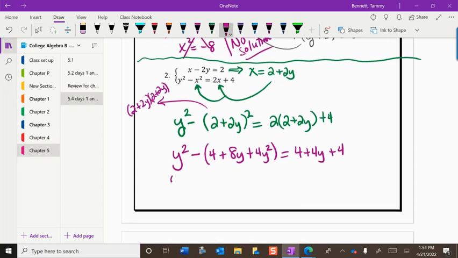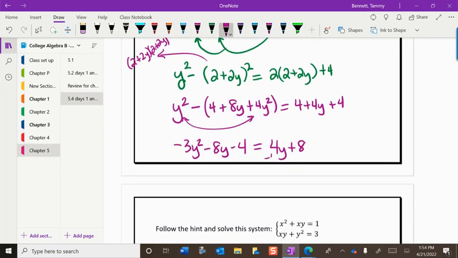Combine like terms, so that's going to give me a y squared and a negative 4y squared. Combine those, so I have a negative 3y squared minus an 8y minus a 4 equals the other side, which is going to be 4y plus 8.